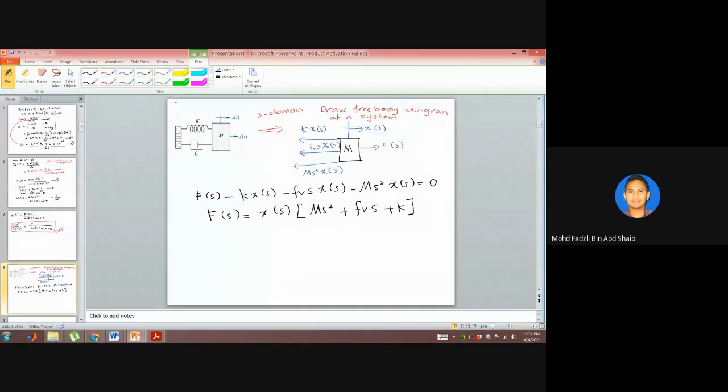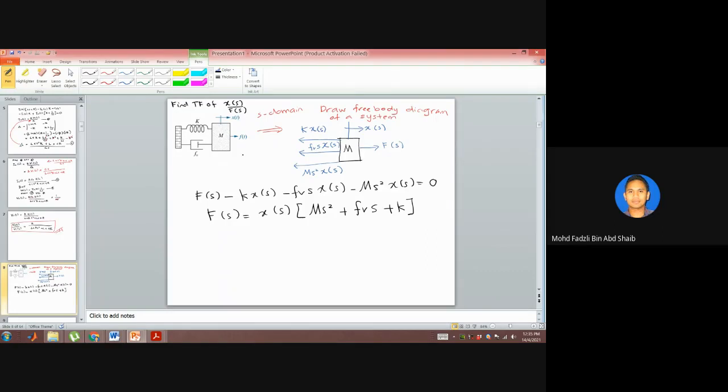The question is to find the transfer function of XS over FS. FS is the input actually; it depends on the question.